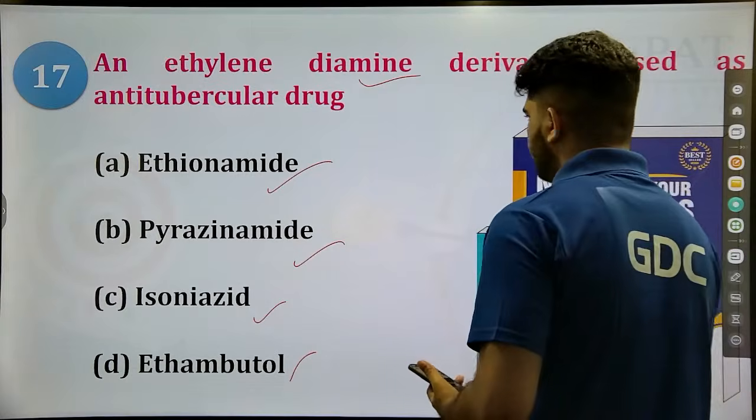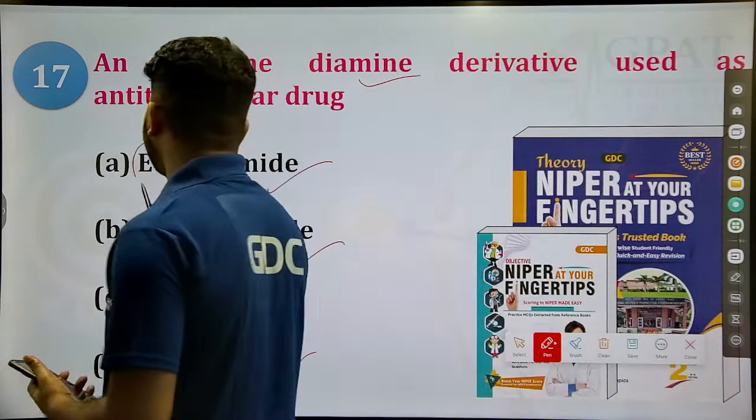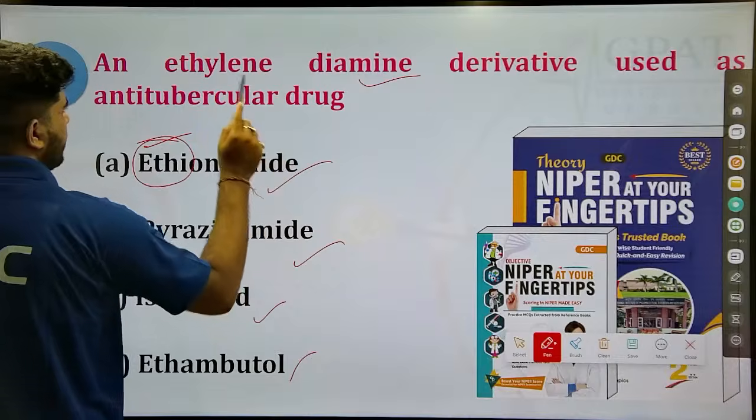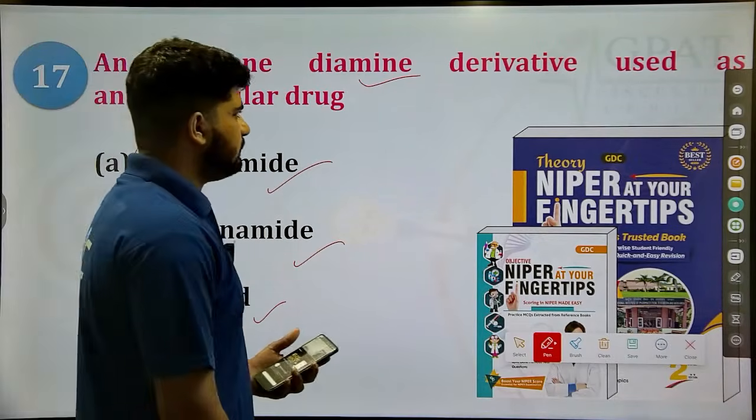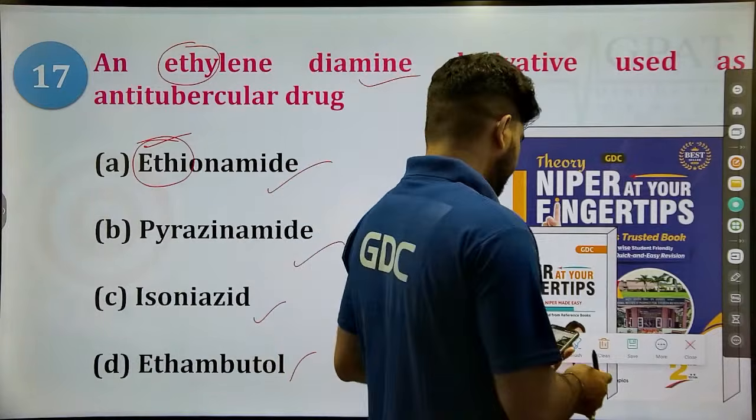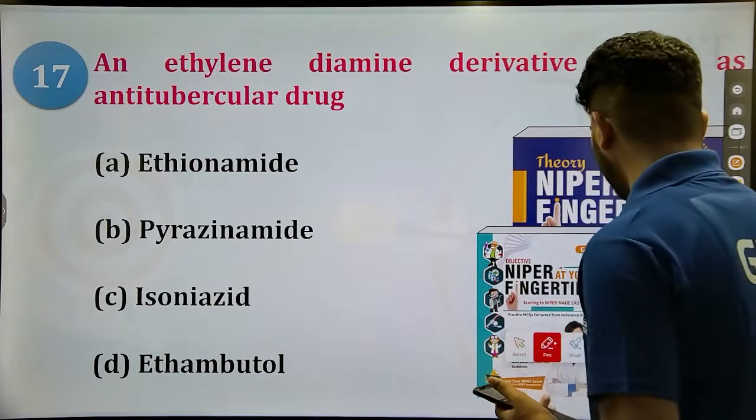That is obviously your ethionamide. It's written over here only. See? Eth and eth, ethylene diamine derivative. Simple. Exactly, Dikshita. Very nice.